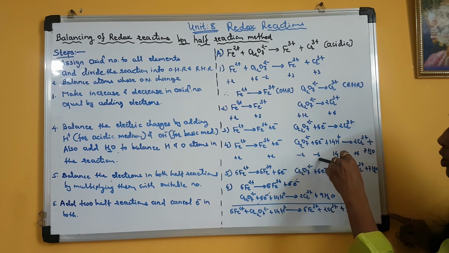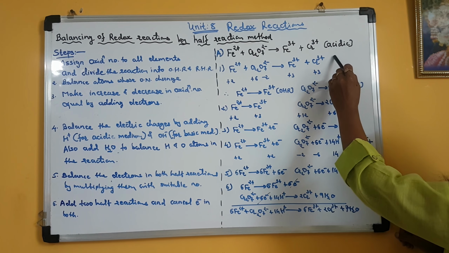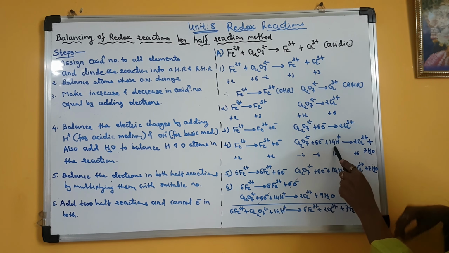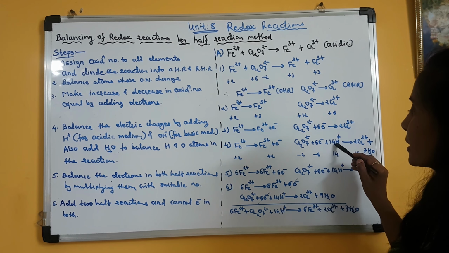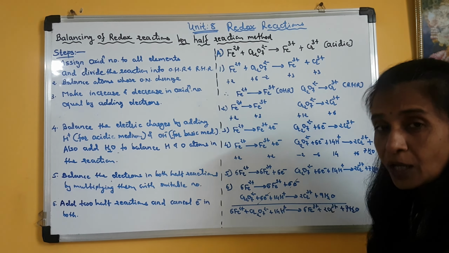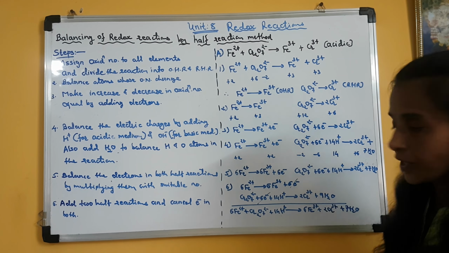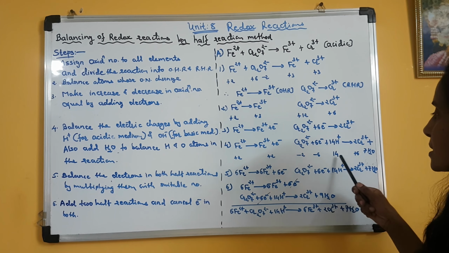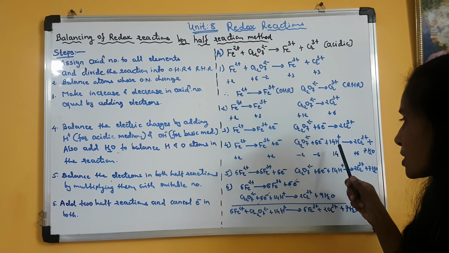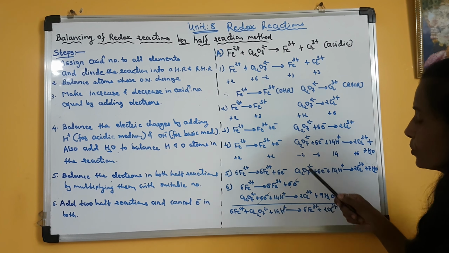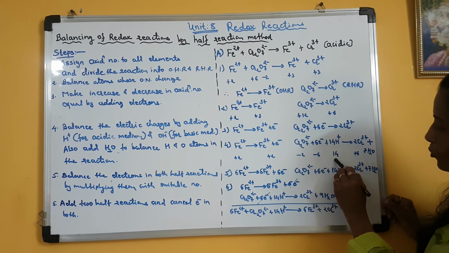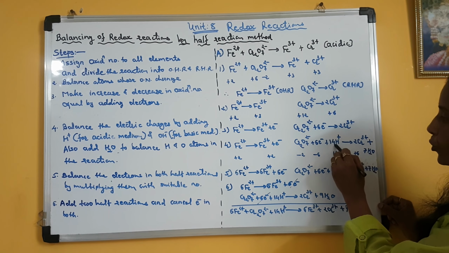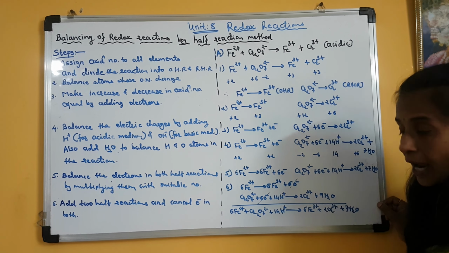So to make it positive, because we have to add H plus as the reaction occurs in acidic medium, as we have to add a positive ion, we will add the positive ion on that side where negative charge is more. Clear? So here it is -8. To make it +6, I have to add 14 H plus on the reactant side. So now you can see -8 plus 14 is equal to +6. Here also it is +6. Clear?